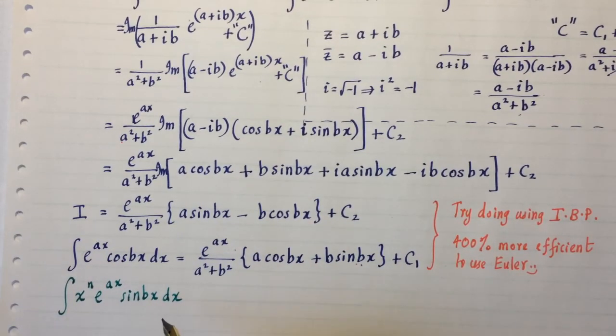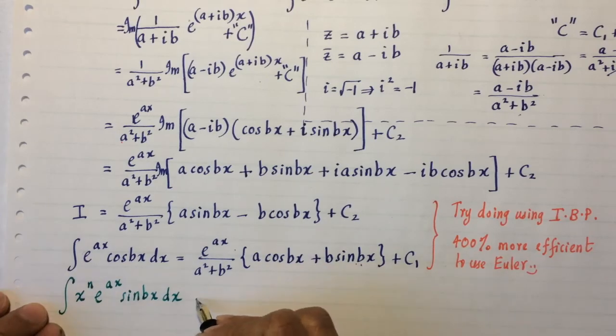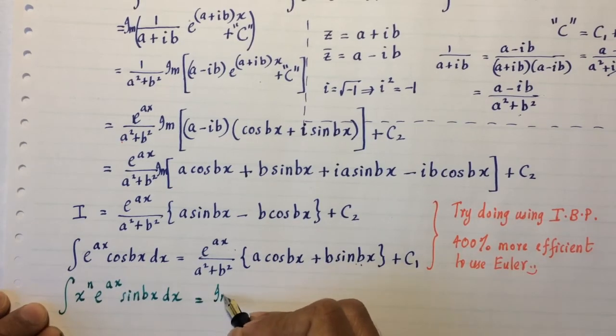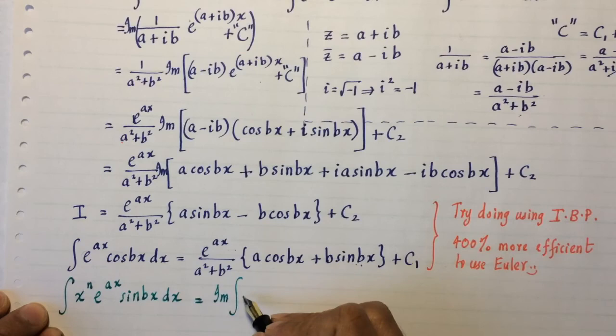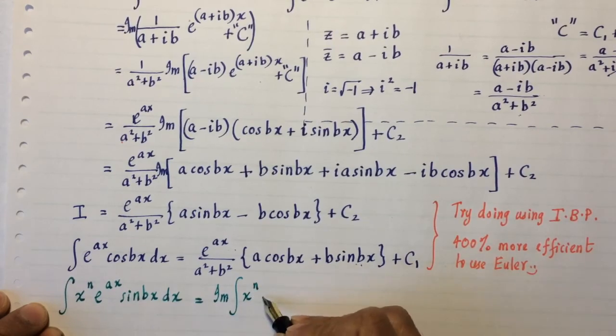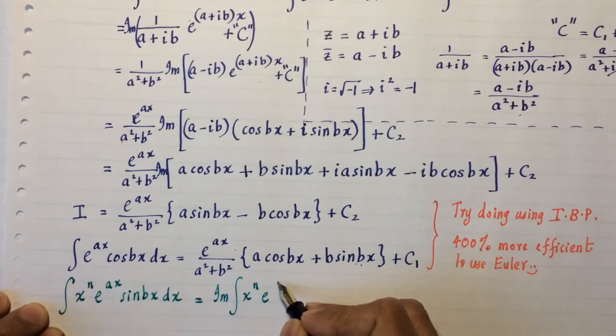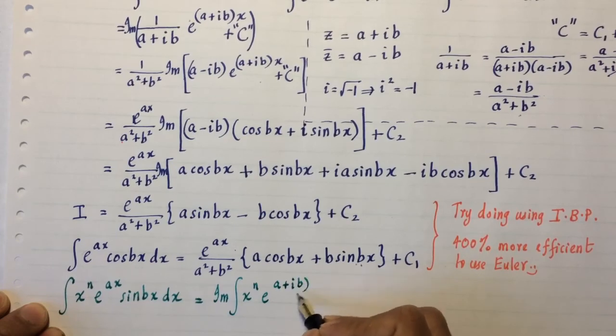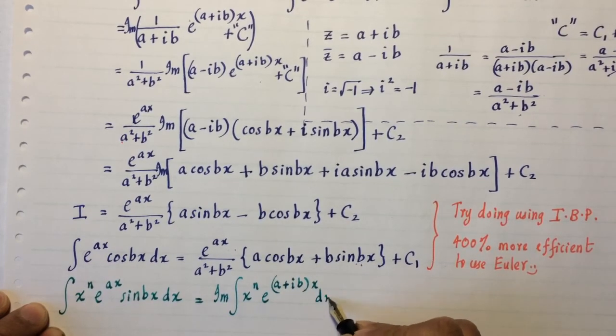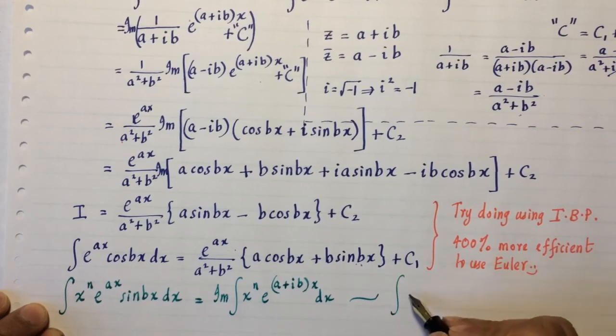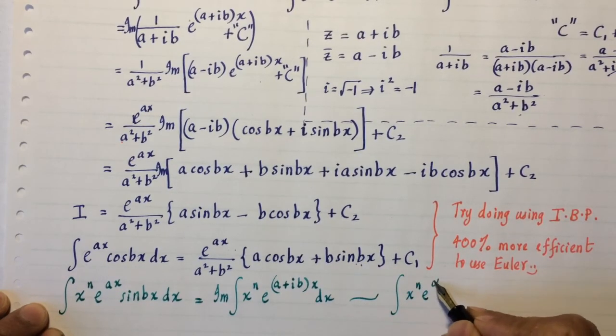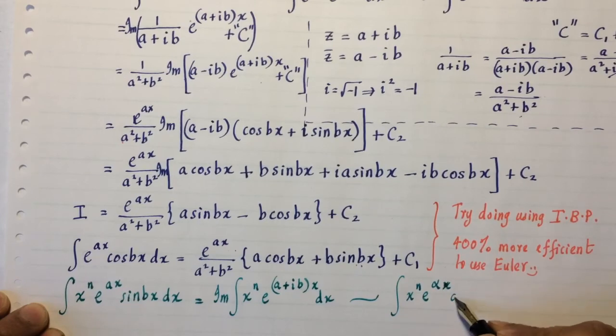You'll be sitting there doing this all day. So what you would do instead is write this as the imaginary part of the integral x to the n e to the a plus ib times x, and that's a lot more manageable because this looks like the integral of x to the n e to the alpha x dx.